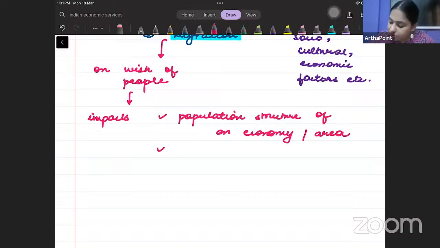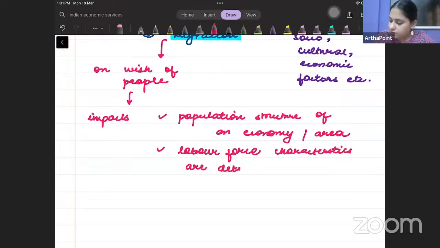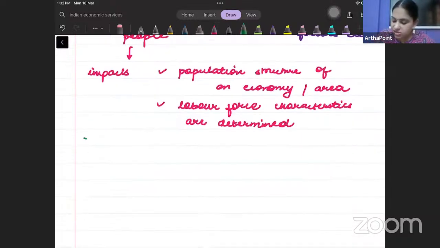So the labor force, and I can say the labor force characteristics, are basically determined through migration, right? So therefore, I can go ahead and say that this implies that migration is a symptom or it brings social change in the society.